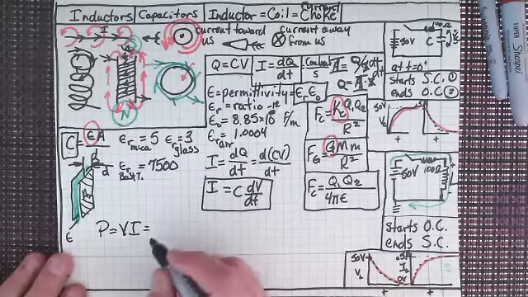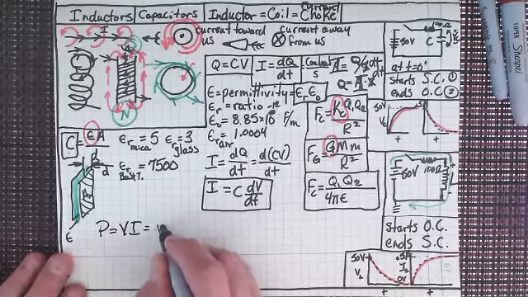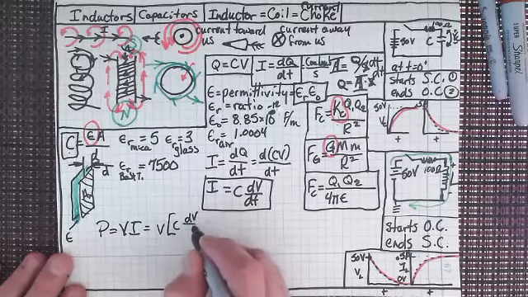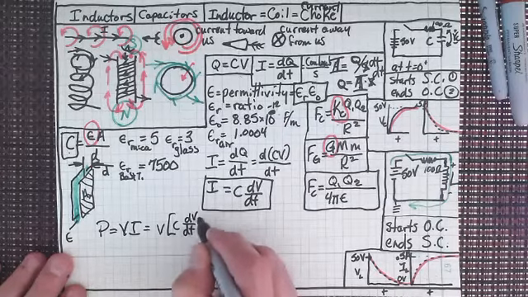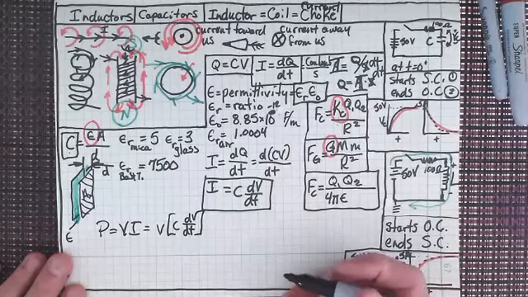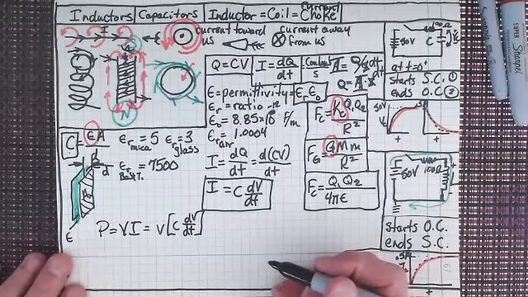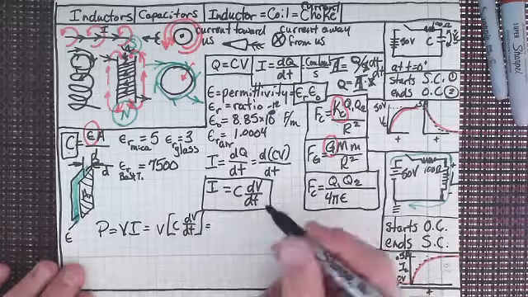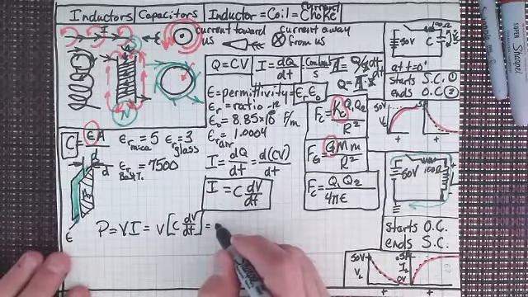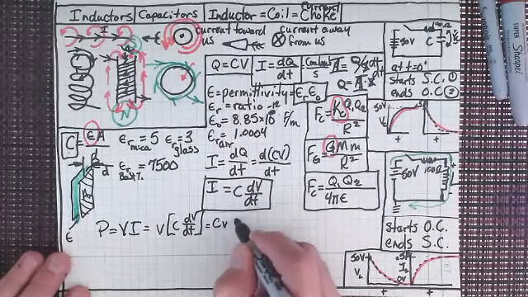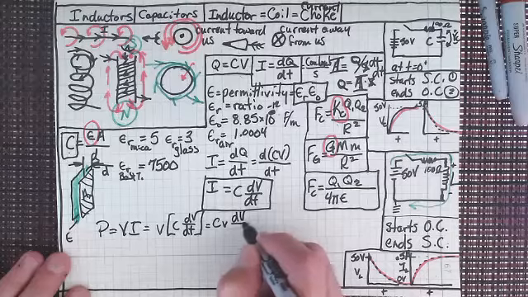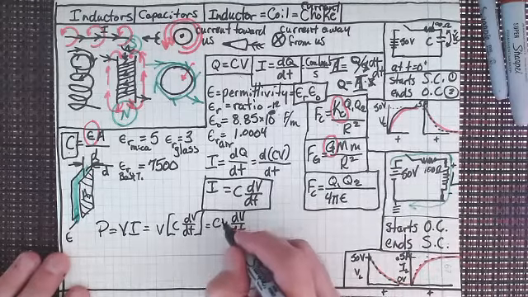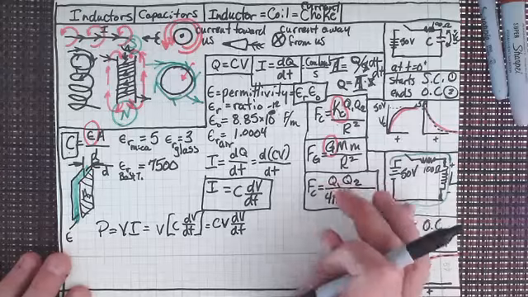Power equals VI, so that's going to be V times C dV/dt, or CV dV/dt. I can simplify it: CV dV/dt.